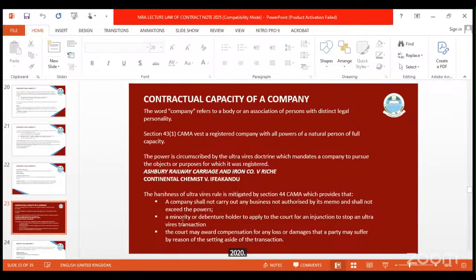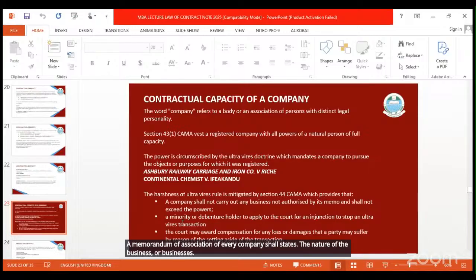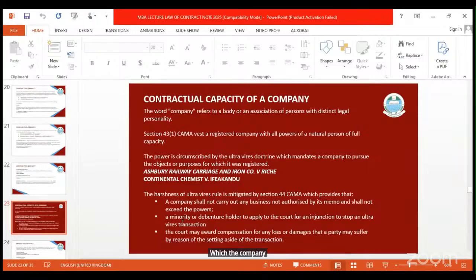Now, if you look at section 27, subsection 1, paragraph C of the Companies and Allied Matters Act 2020, it states clearly that the memorandum of association of every company shall state the nature of the business or businesses which the company is authorized to carry on.